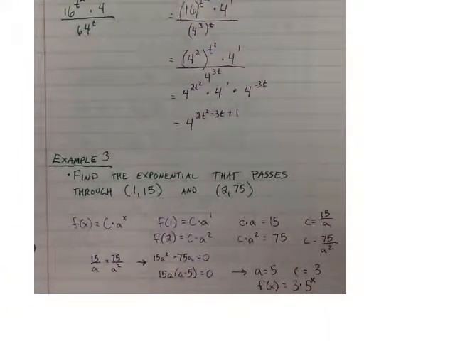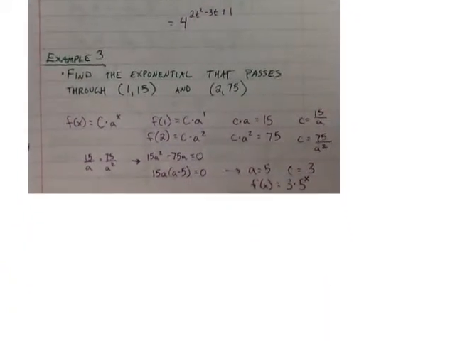Find the exponential that passes through (1, 15) and (2, 75). So what we have is a curve that passes through (1, 15) and way up here (2, 75). And I'm asking you to find the equation f of x is equal to some number times some base raised to the x power.